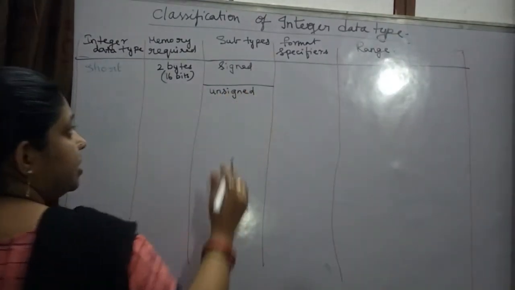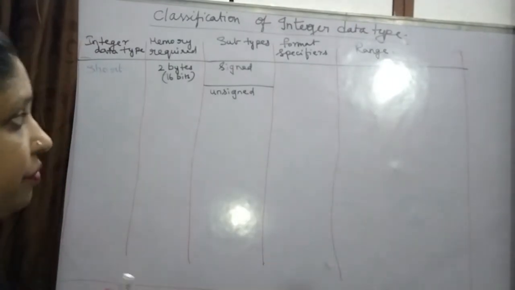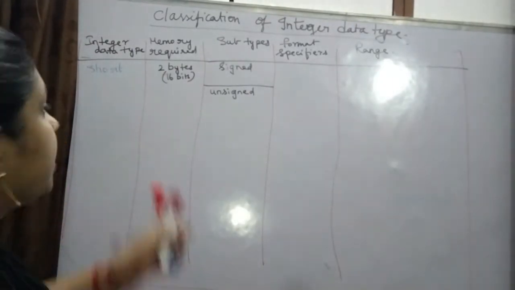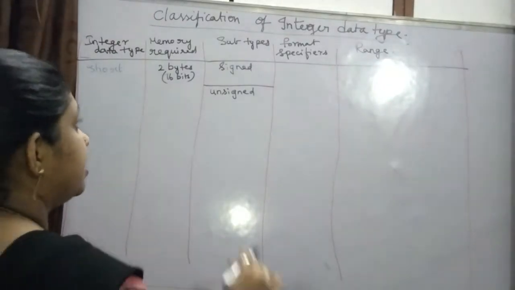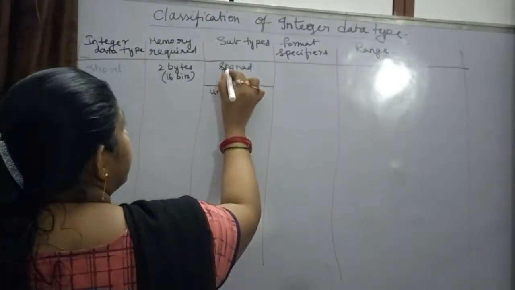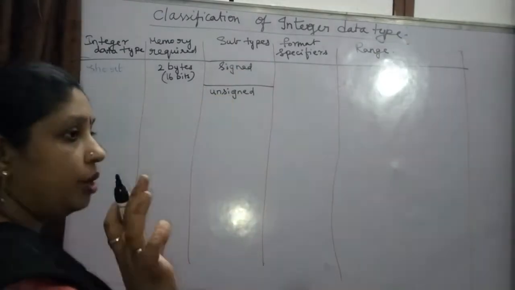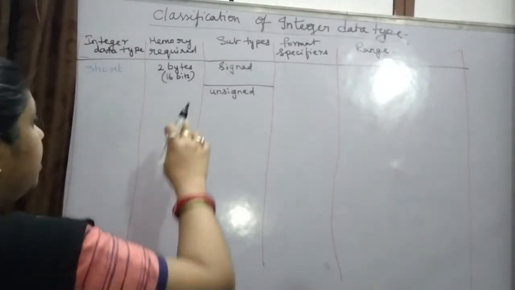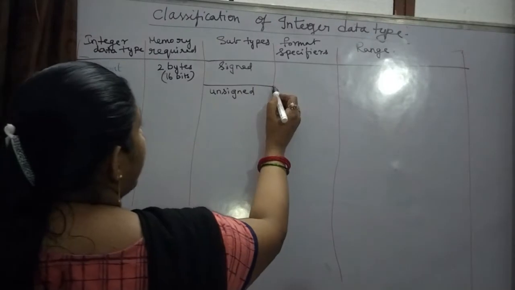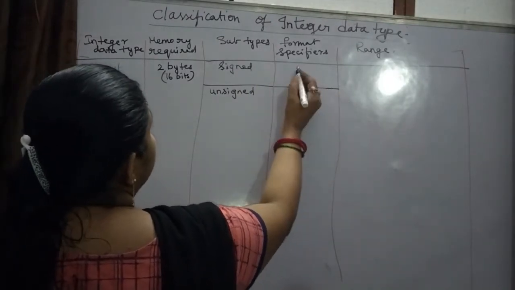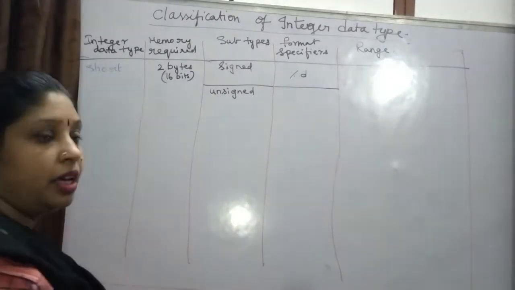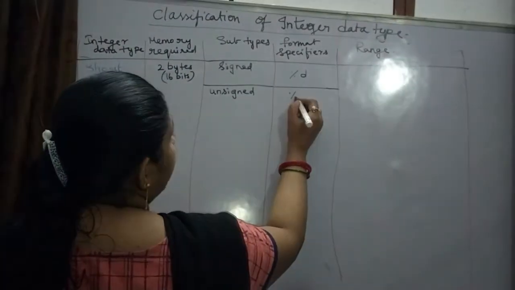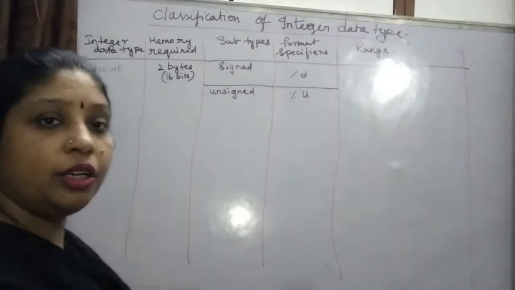Before this explanation I have already discussed signed and unsigned, and the range also. Now for the signed data type, when you are declaring a variable with signed short data type, you have to use the format specifier %d, and for unsigned you have to use %u.